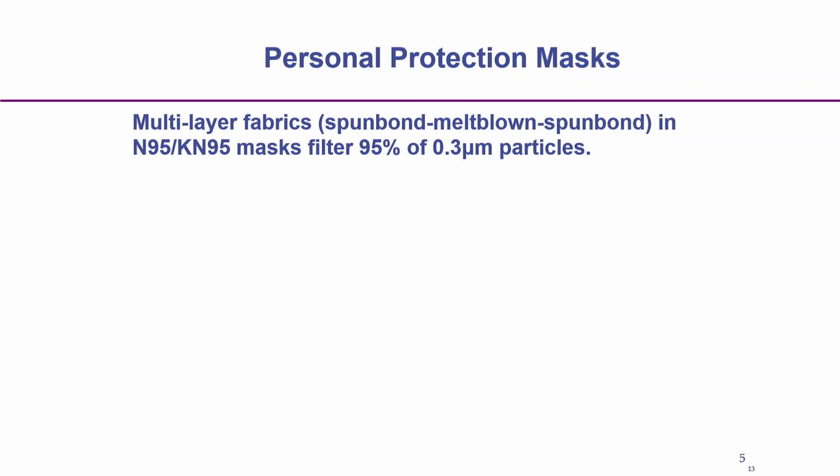For this mask we use nanoven, different types of nanoven like spun bonded, melt blown, spun bonded. It is called SMS structure that we have discussed. The spun bonded on both the sides enhance the mechanical strength, and melt blown enhances the filtration efficiency.